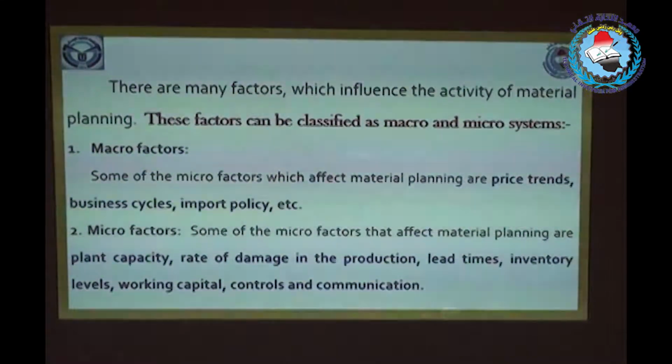Some of the macro factors which affect material planning are price target, business skills, import policy, etc. While some of the micro factors that affect material planning are plant capacity or manufacturing capacity, which is operation or use, rate of damage in the production, lead time, inventory level, working capital, and control and communication.